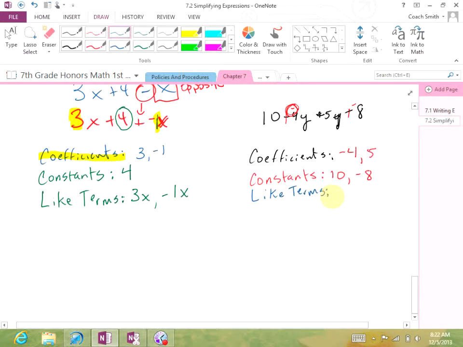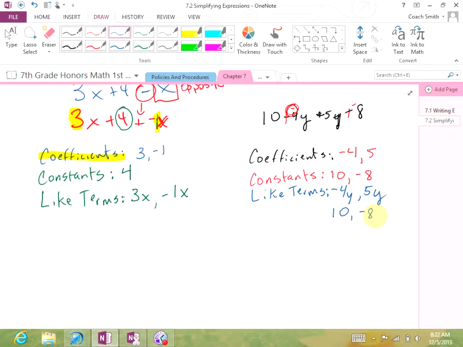We know that negative 4y and 5y are like terms. But there's also another pair. 10 and negative 8 are like terms, because we said yesterday that all constants are always like terms.